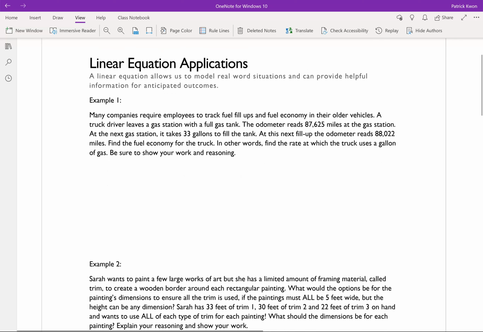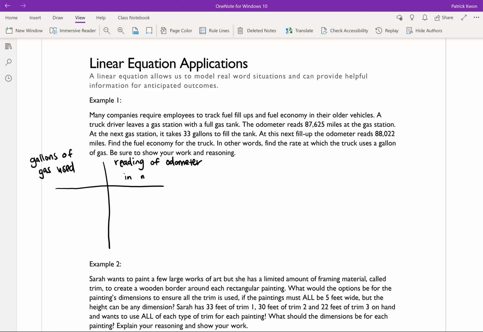So we've been making these tables and they've been kind of helpful. So I'm going to create this table again, and our input would be the gallons of gas used. And then our output would be the reading of the odometer in miles. When we start off, it starts with a full tank of gas, and we haven't moved any, so we're using 0 gallons of gas.